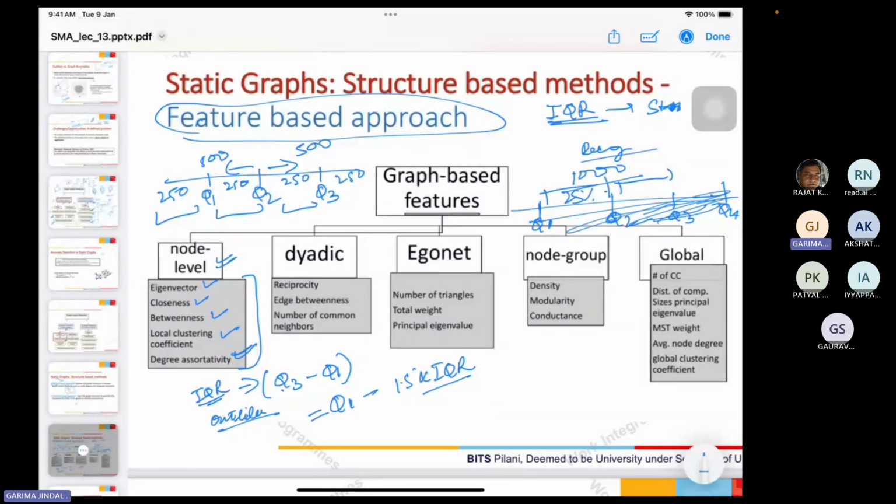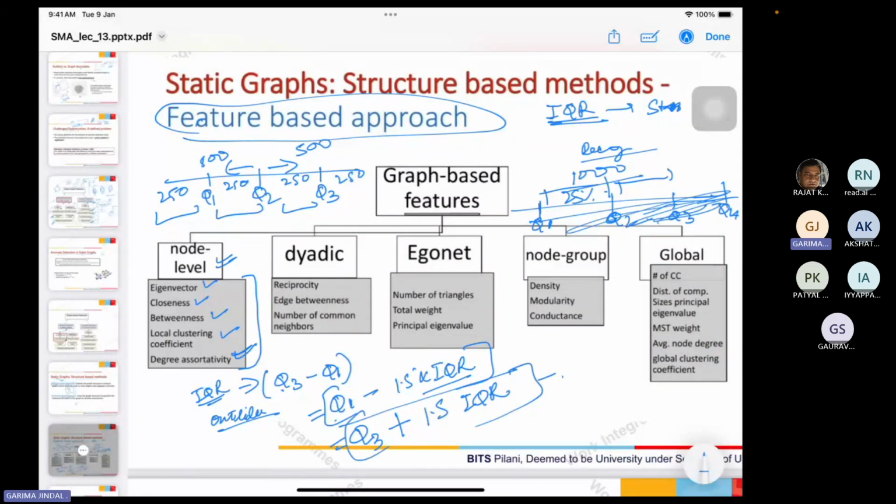Any value that is less than this value can be considered an outlier. Similarly, I'm going to define a range beyond which a node or a point can be considered an outlier. For example, Q3 plus 1.5 times IQR.